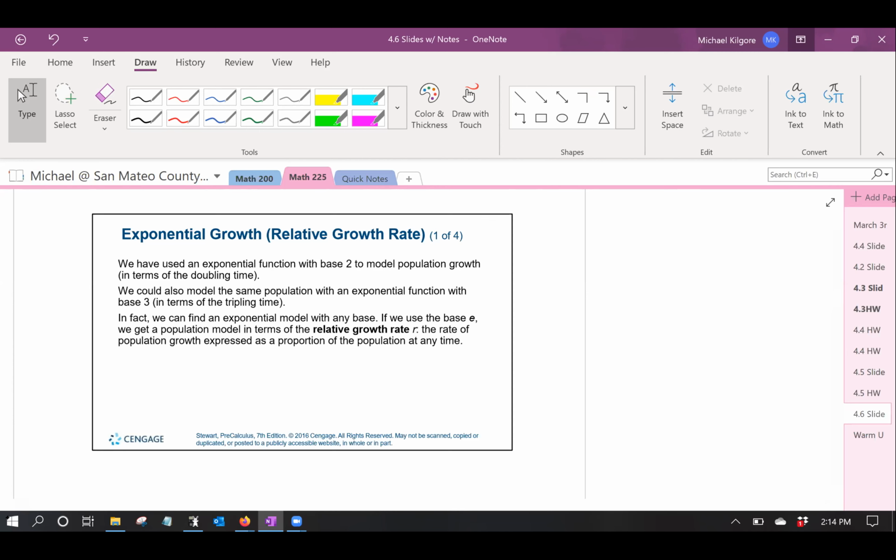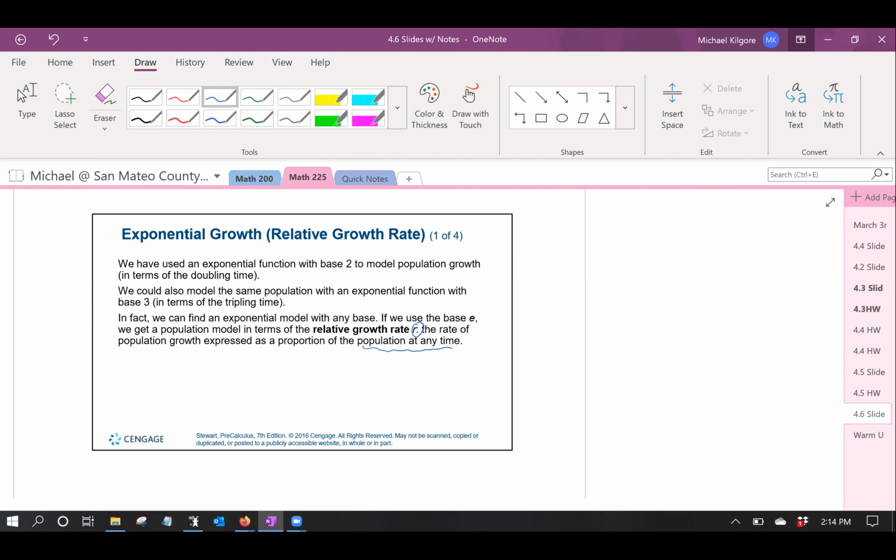This is a trip because what it means is that when we use e, the continuously compounding thing, we can think of it as the rate at which the population is growing in terms of how big it is. And when you get into calculus, the very first differential equation you're going to look at has to do with e.